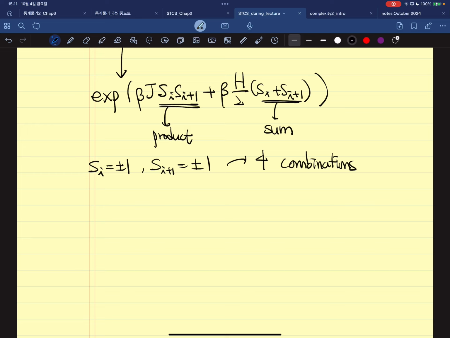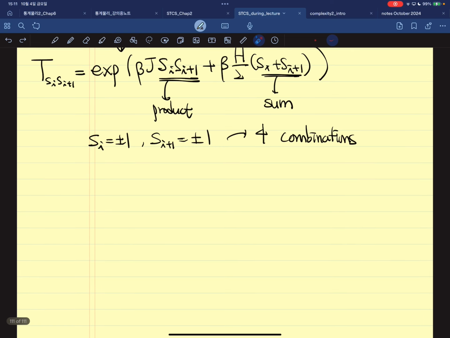So we can define this Si, Si plus 1 as this matrix form. So this T matrix has 2 elements, Si and Si plus 1, and its matrix element is this exponential factor.